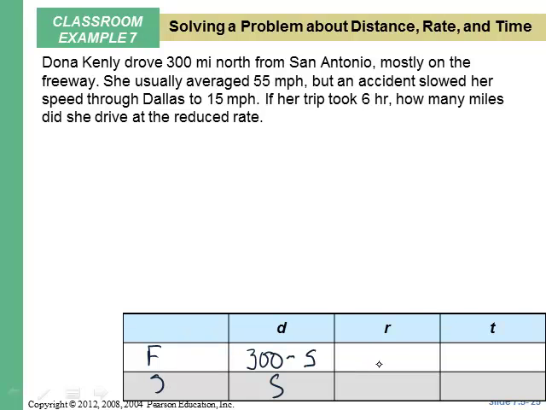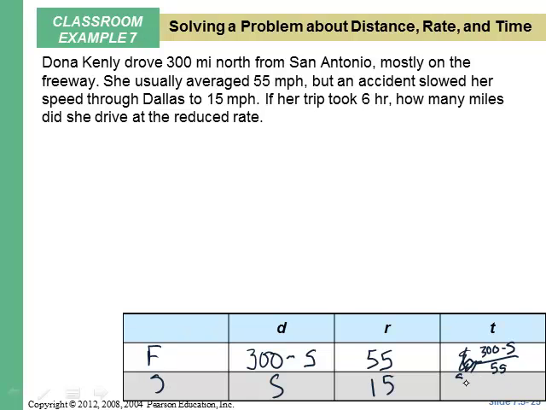The rate fast was 55. The rate slow is 15. The total time is 6 hours. Distance is rate times time. So this is 300 minus S over 55.